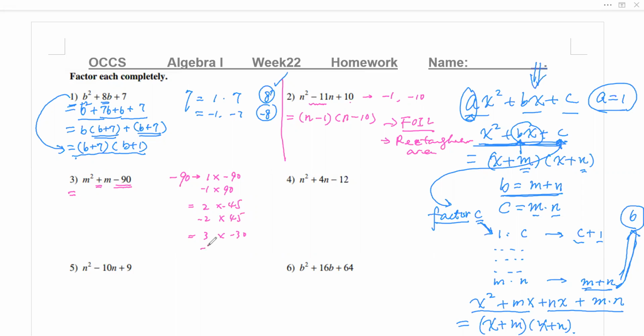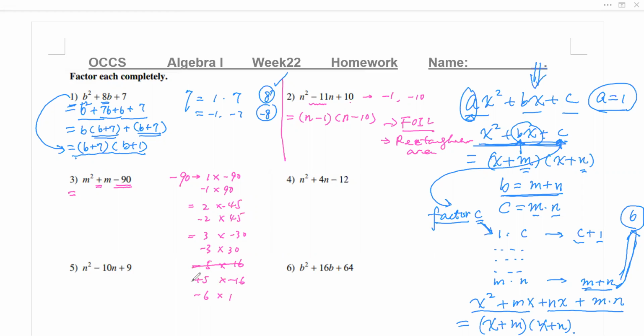There are a lot here, right? Negative 3 or positive 30, or negative 5, 5 times what? 16? Positive 5 times negative 16, or what? 6 times what?